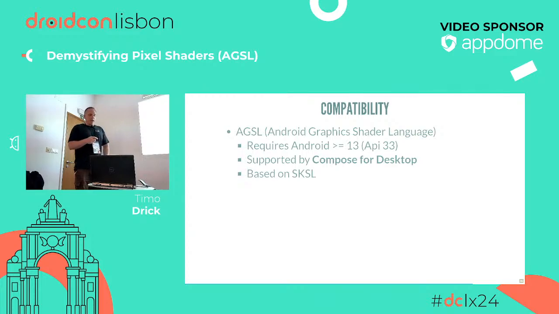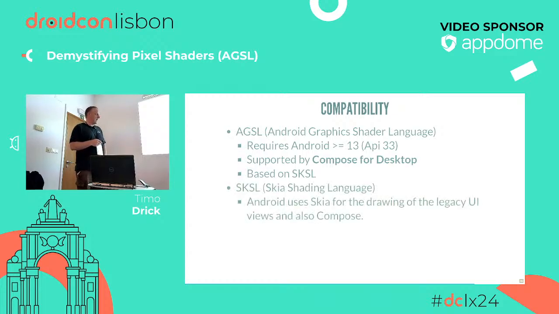And one important thing, AGSL is based on SKSL, the Skia shading language, and Android uses Skia to draw everything. To draw lines and buttons, everything on your UI. Also, the legacy view system uses Skia. It's a C-based drawing library, and Skia itself has this SKSL.